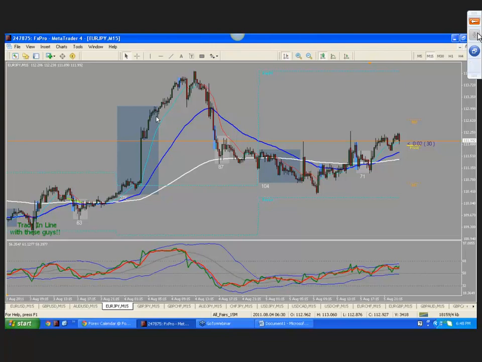There's a necessary thing to note here: don't go too deep into it like I did. That's why Steve was saying he was worried I was going to cut off my ear. There's a sense of trying to pick it too closely. If you can just step back and appreciate how they move the cross pairs to create movement in the majors, I think you'll be well on your way.